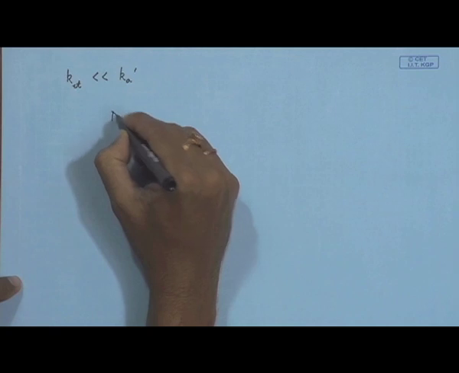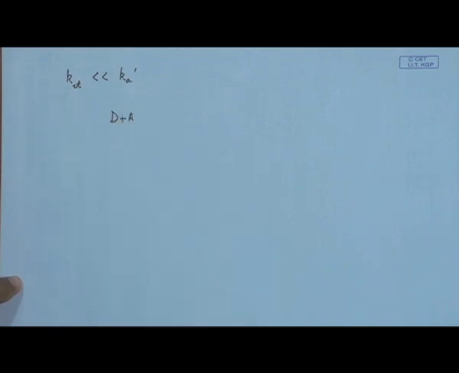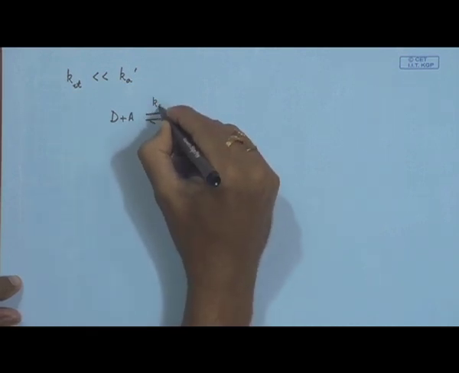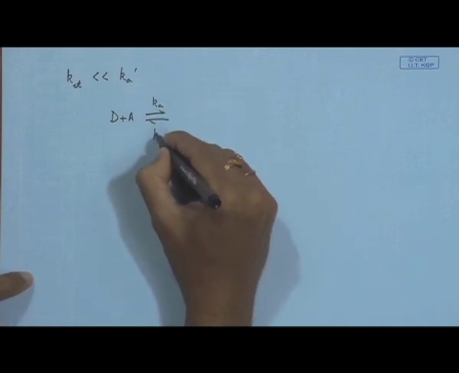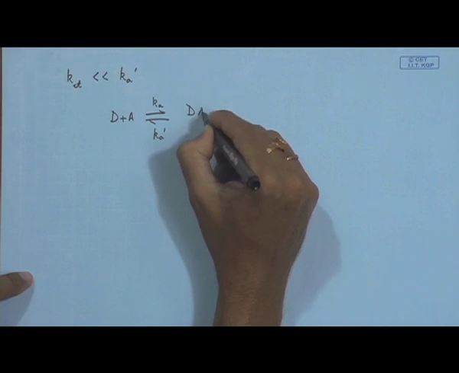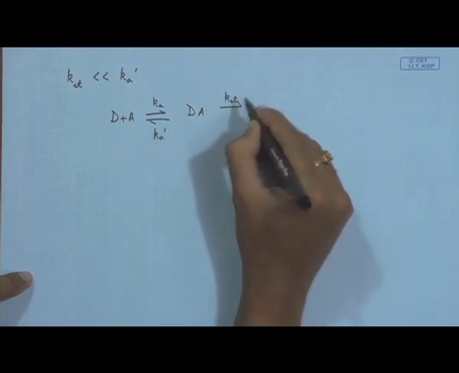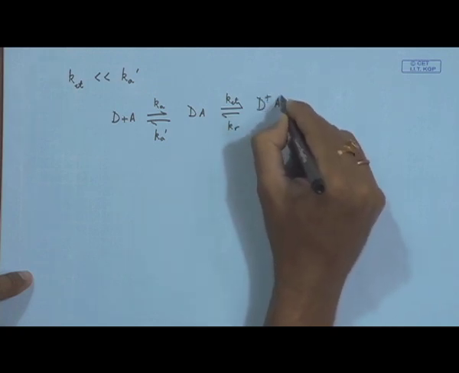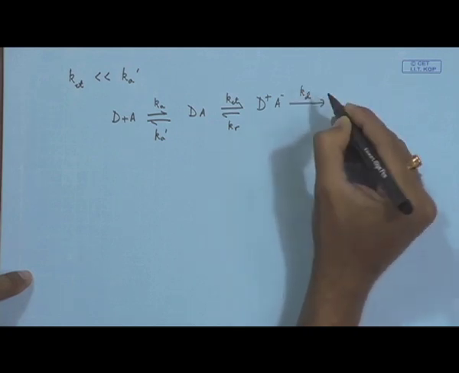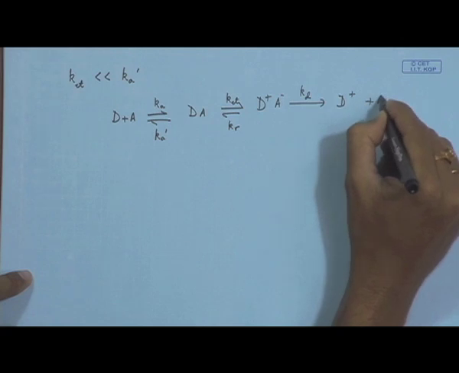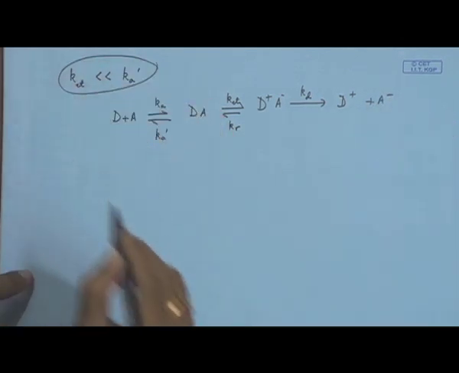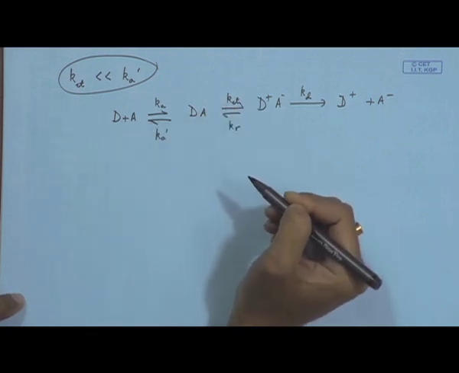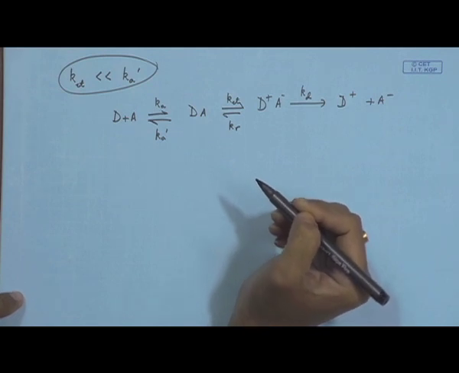So, your original scheme was D plus A, with Ka and Ka prime, giving dA, then Ket and Kr, giving D plus A minus, and then Kd, giving D plus plus A minus separated. So, this situation means this one is very high compared to the forward reaction. Okay, then what would you get?